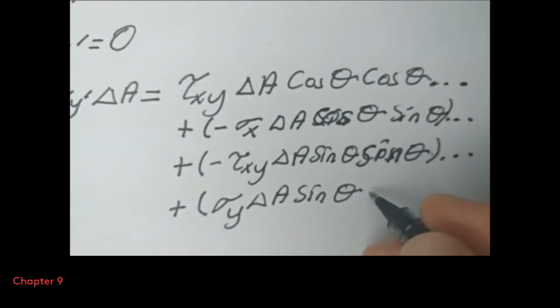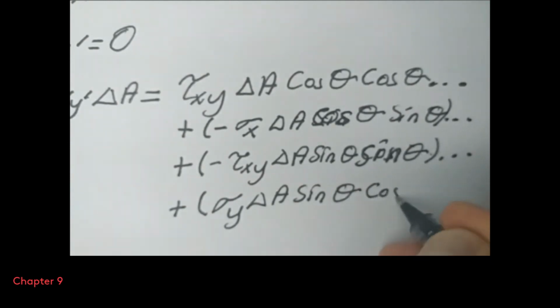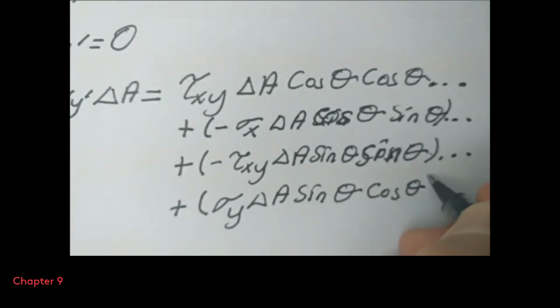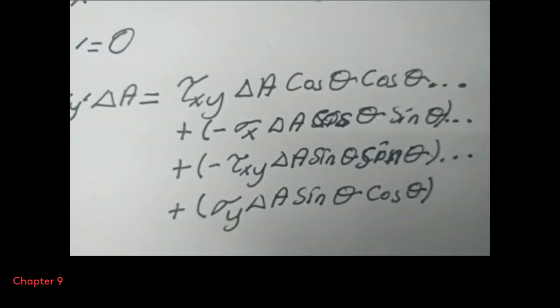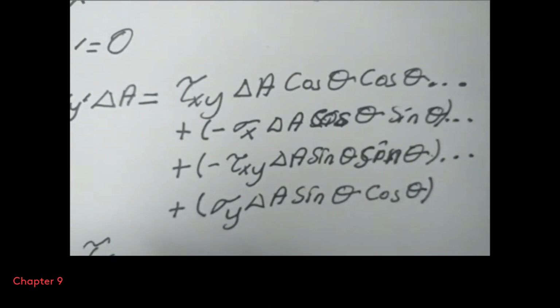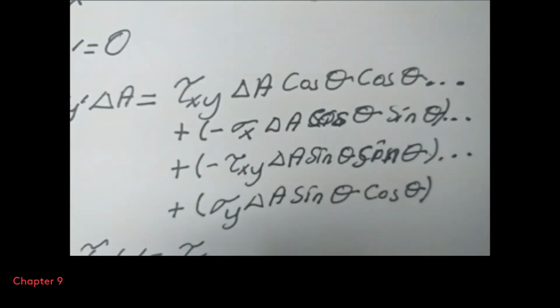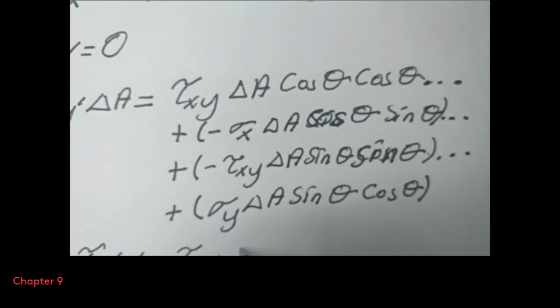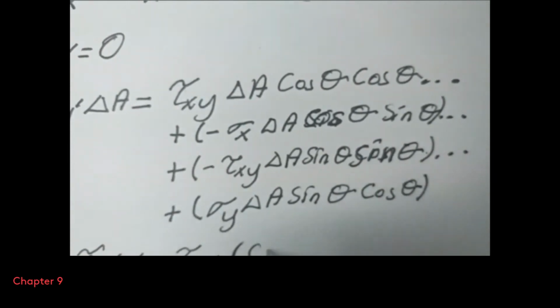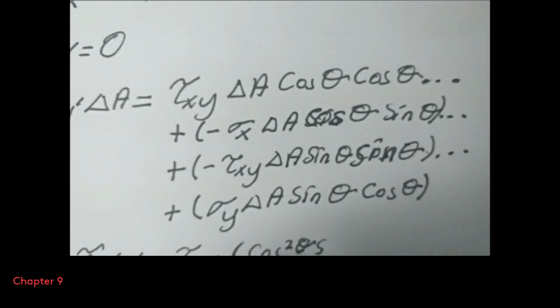Now if you simplify this equation, what you are going to get is tau x prime y prime is equal to tau xy multiplied by cosine square minus, let's write it in a clear way on a clear page.